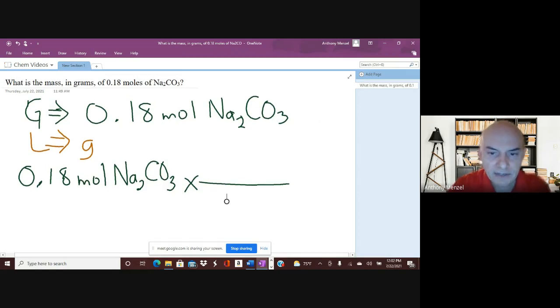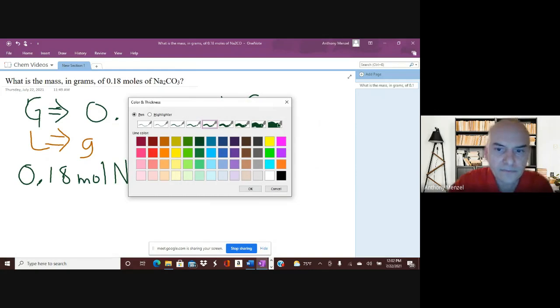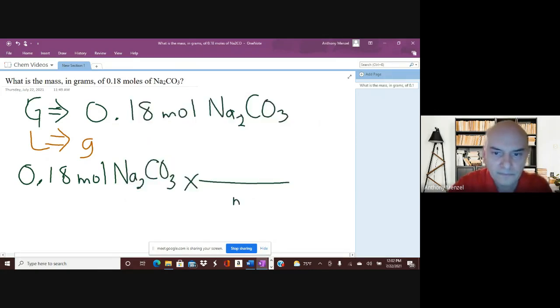in the denominator. And then we put our grams in the numerator.